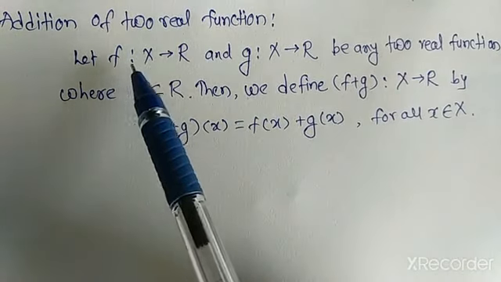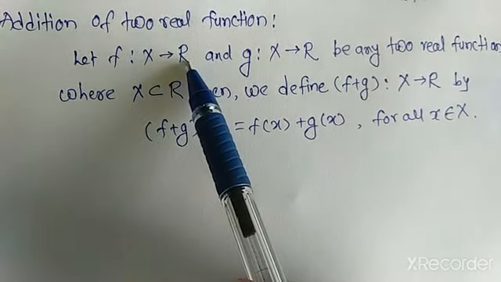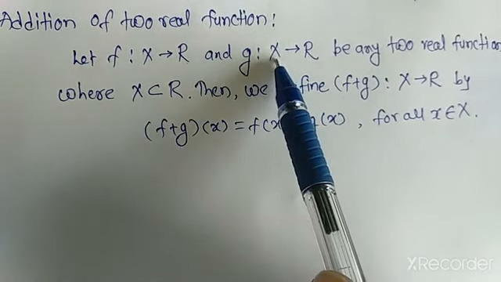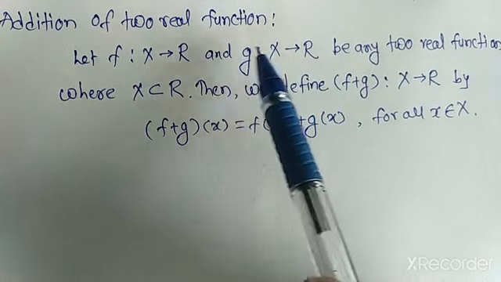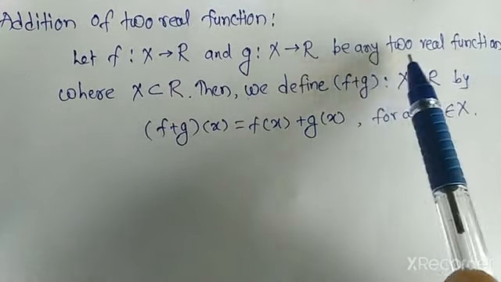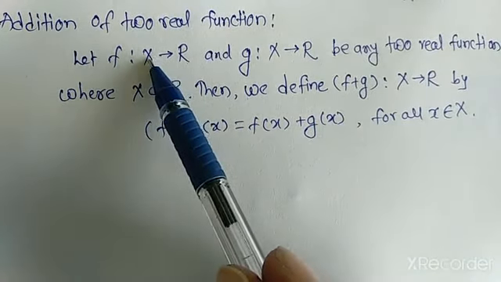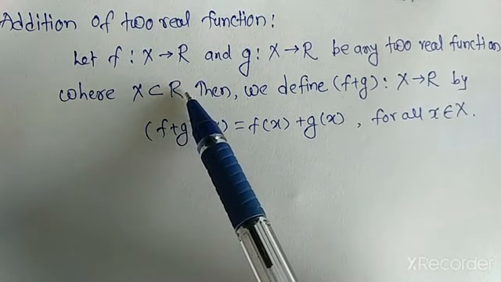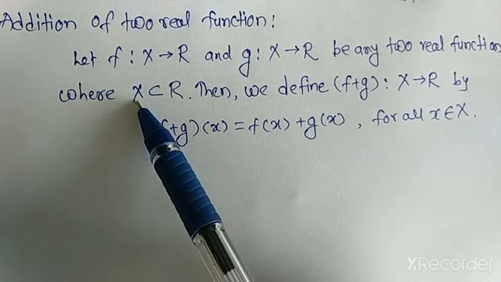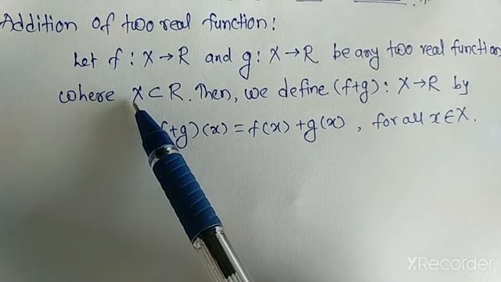Here let f be a function from X to R and g be a function from X to R. R means the set of real numbers. Be any two real functions where X is a subset of R, which means it should also be real numbers.